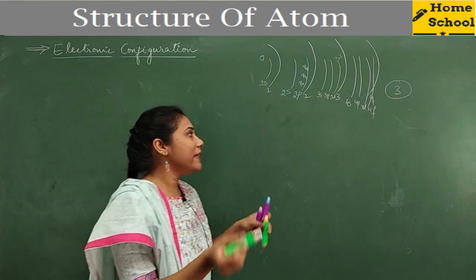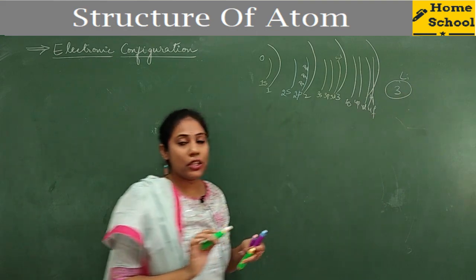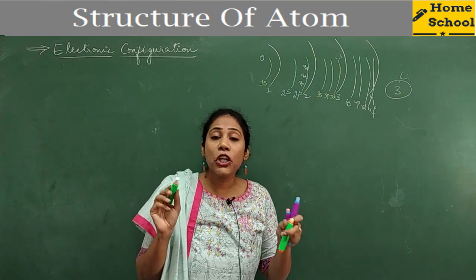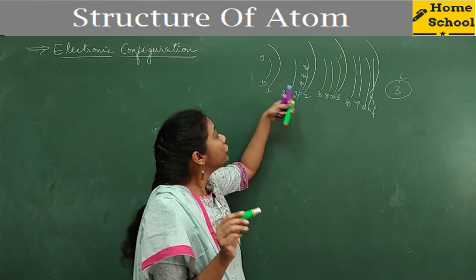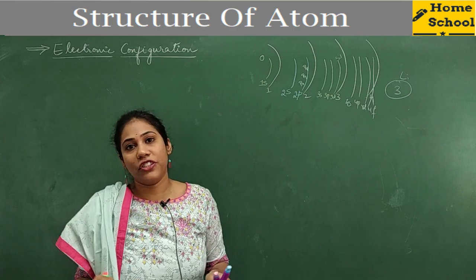Imagine, let me take the element lithium. Lithium has 3 electrons. So where is our first electron present? The first electron always enters the orbital which has the least energy.